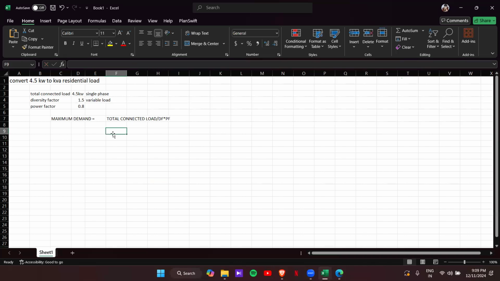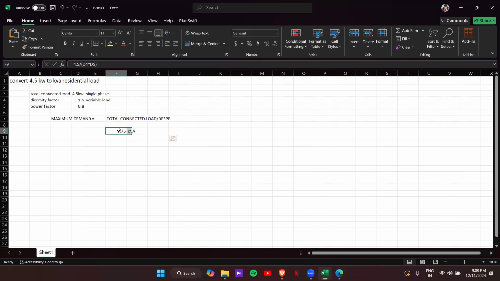So just substitute: total connected load is 4.5. So 4.5 divided by, open a bracket, diversity factor 1.5 into 0.8, close the bracket. So that is 3.75 kVA.